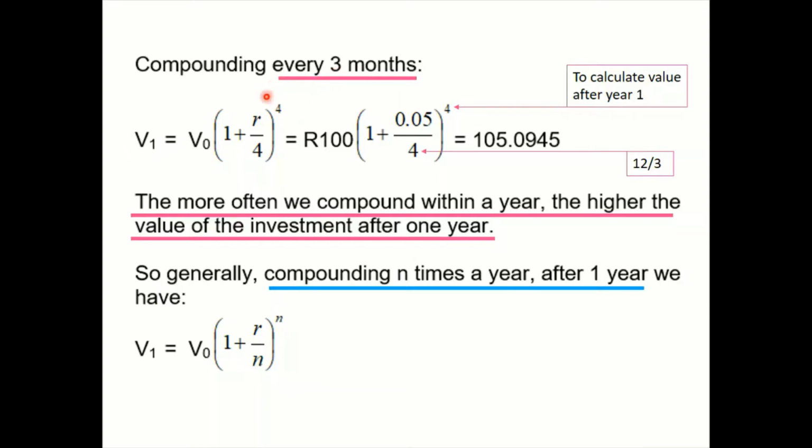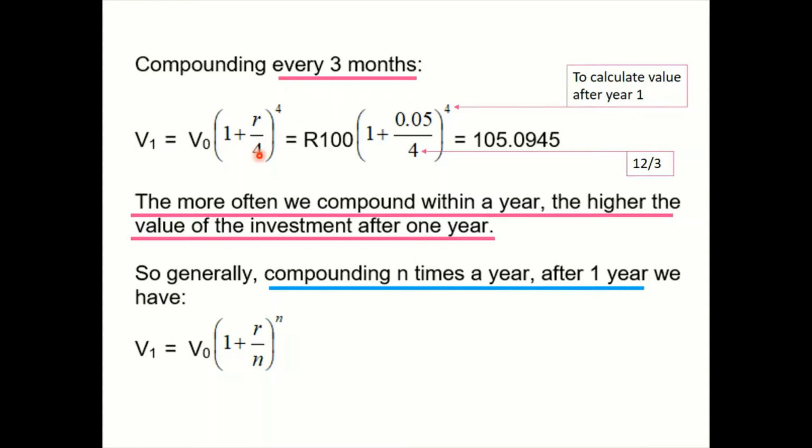So if we want to work out the value of our investment at the end of year 1, we need to take the value of the original investment and multiply it by 1 plus the annual interest rate divided by 4, because we are adding interest 4 times a year, which is every 3 months.